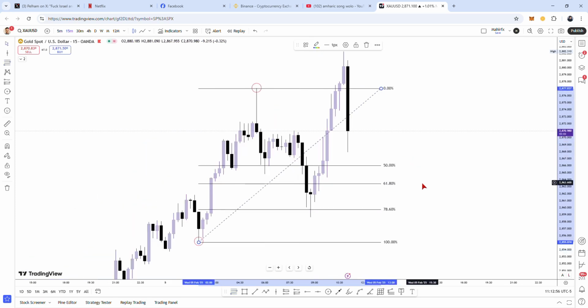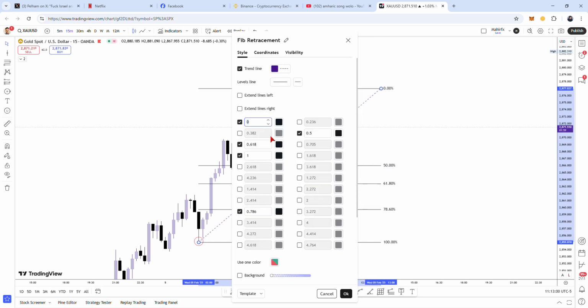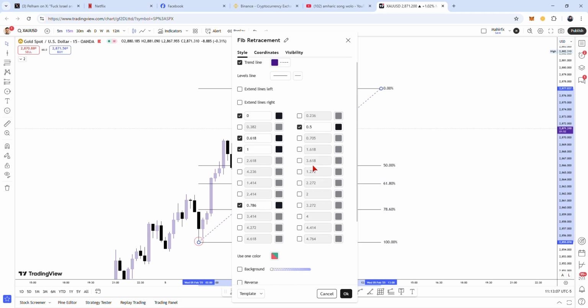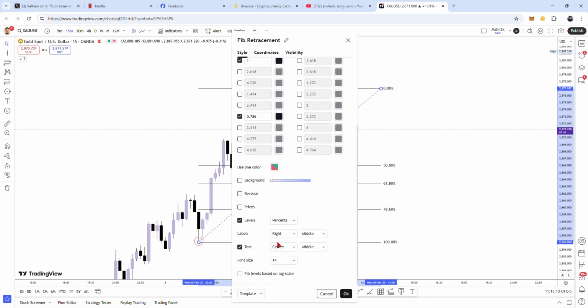Of course, my Fibonacci setting is, as you can see here, I use only one color, so you can see my Fibonacci setting over here. I turn off the default.